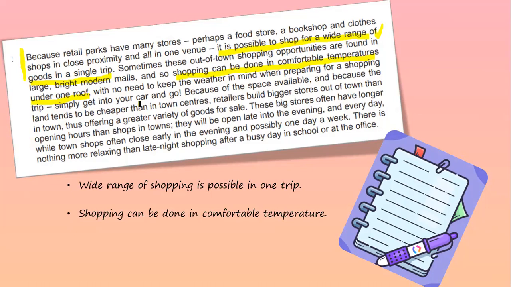Simply get into your car and go. Because of the space available and because the land tends to be cheaper than in town centers, retailers build bigger stores out of town than in town, thus offering a greater variety of goods for sale. So I think that in big malls, greater variety of goods for sale is better. And I think that this part does not have any solid point.